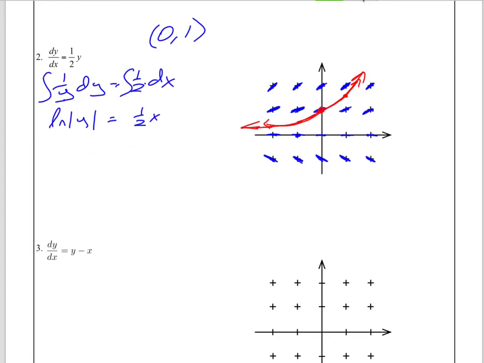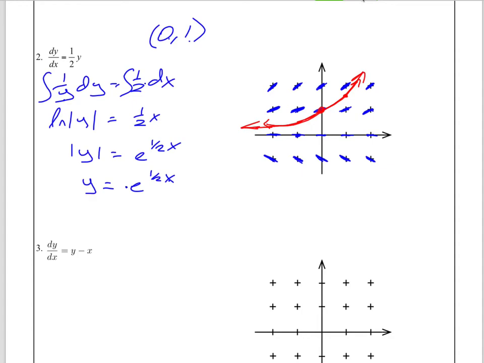Now what do we do? e. And do I want the plus or minus? I want the plus. You understand why we want the plus? Because if I stick 0 in here, I've got to get a 1 out. So that means I've got to be positive.